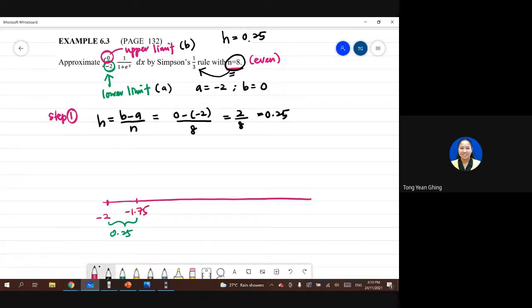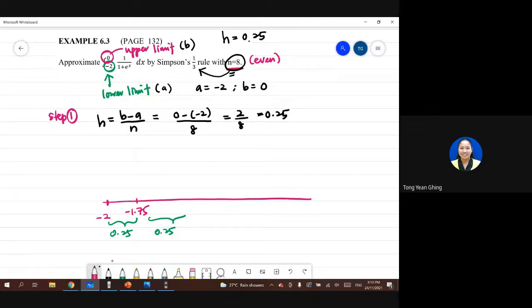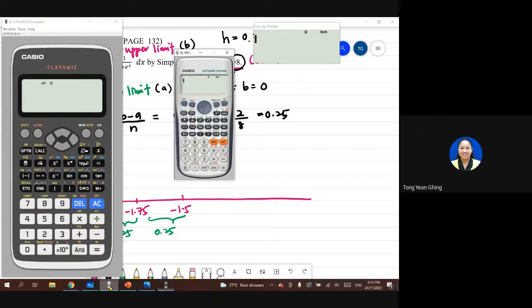Okay, and then dia akan step size lagi 0.25. The next value of x akan jadi negative 1.5 and then seterusnya. Okay, so you no need to calculate this one, you just can use calculator, but cuma okay, you have to make sure either you have this calculator or this calculator.